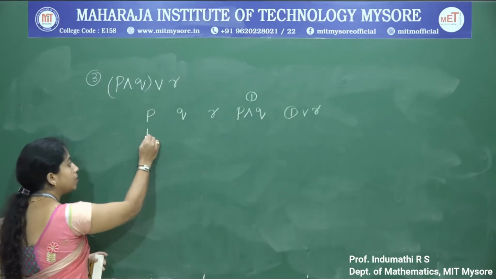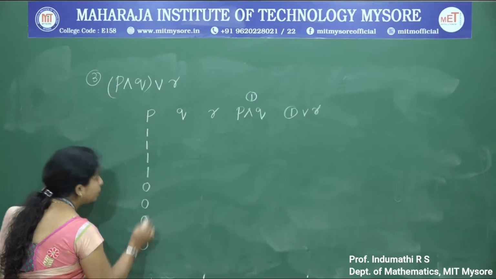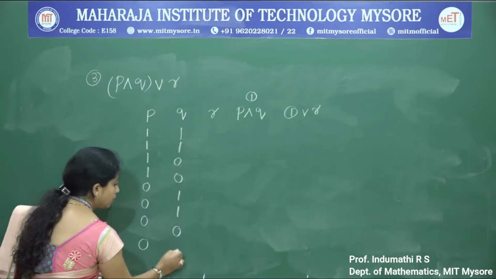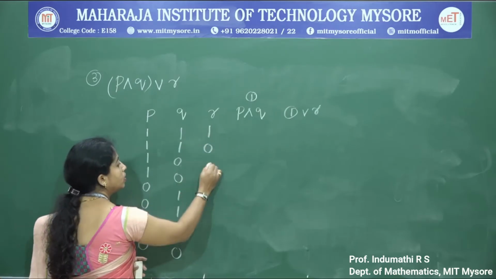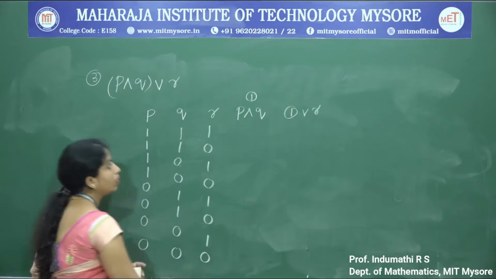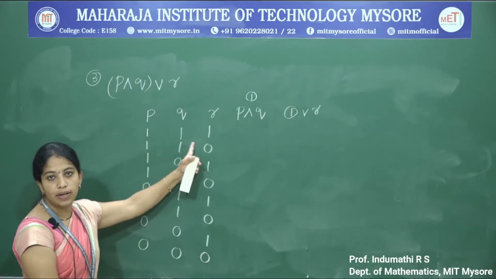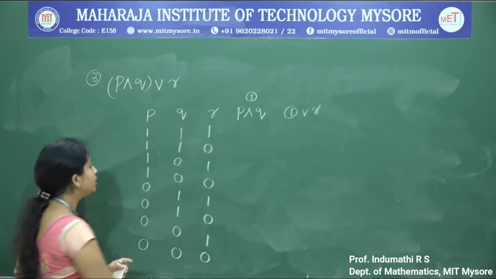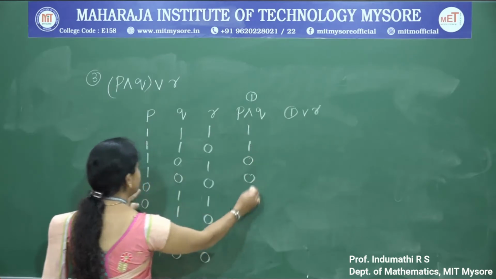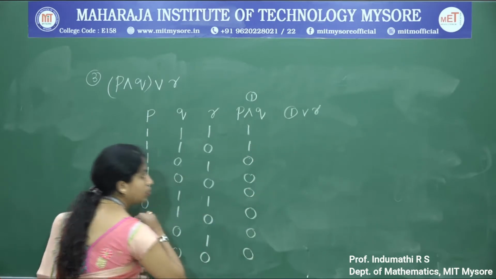If there are 3 statements, the number of possibilities is 8. 1 1 1 1 0 0 0 0, 1 1 0 0 1 1 0 0, and 1 0 1 0 1 0 1 0. Now P conjunction Q. In conjunction 1 1 is 1, the remaining terms will be zeros.